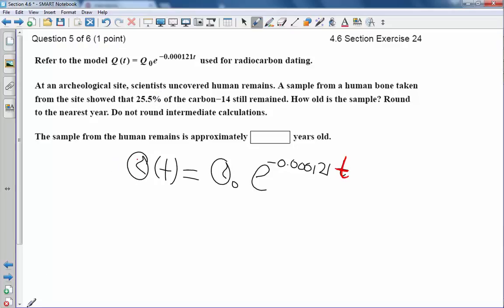25.5% of original means, change this. It's 25.5% of the carbon still remained. 0.255. Is that what we've used there? It's what you would do, I mean, you would change this into a decimal if it's a rate. This is not saying the carbon rate is increasing or decreasing.